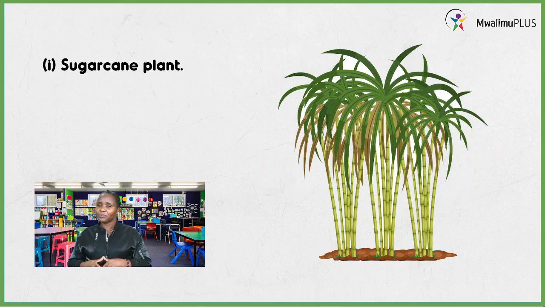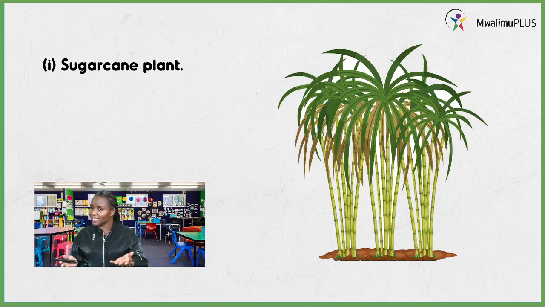Now, we want to look at the food plant. We have the sugarcane plant. That is how a sugarcane plant looks like.